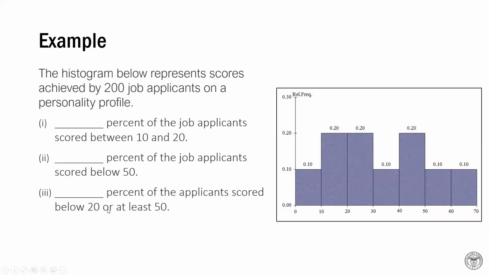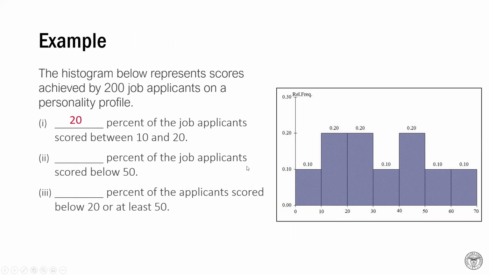Of course, based on different kinds of histograms, you can also tell the percentage information. For example, in this histogram, you can tell the percentage of job applicants with a score between 10 and 20, and that's 20%.